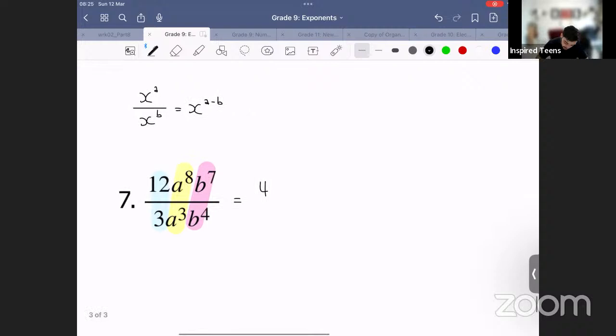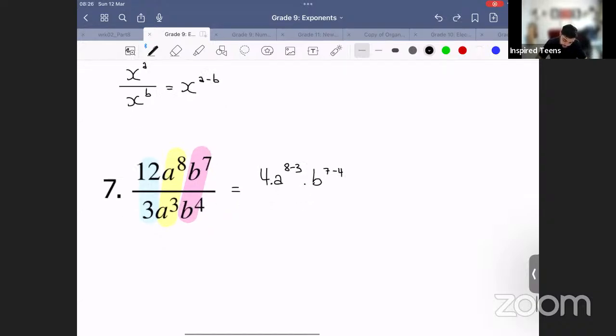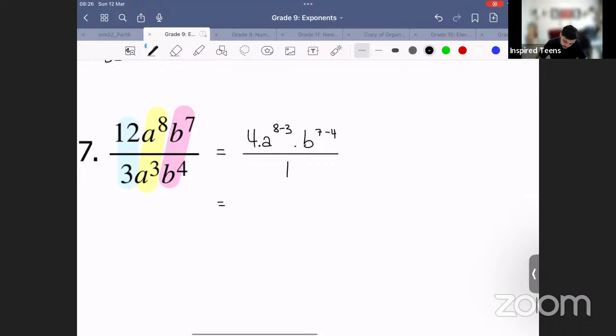In this case, it's going to be a to the 8 minus 3, and now I'm going to have b to the 7 minus 4, the top minus the bottom. There's no denominator, because all the numbers are going to go to the top. So it simplifies to 4a to the 5 b to the 3.